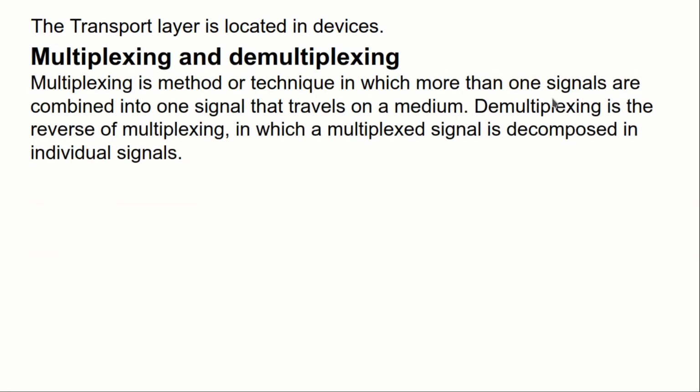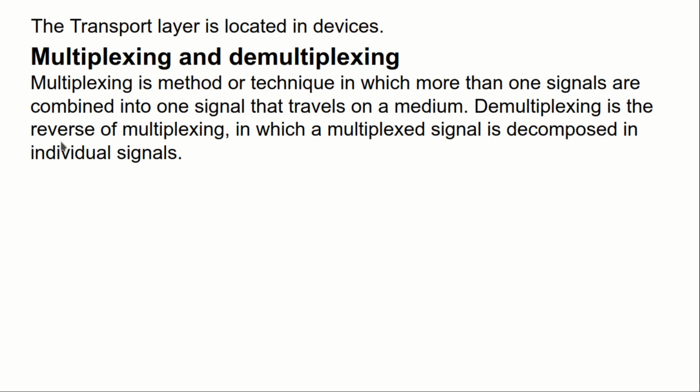Now let's move to multiplexing and demultiplexing. Multiplexing is a technique in which more than one signal is combined into one signal. This is a collection of signals that will be combined to form a single signal that will travel on a medium. Demultiplexing is the reverse of multiplexing.